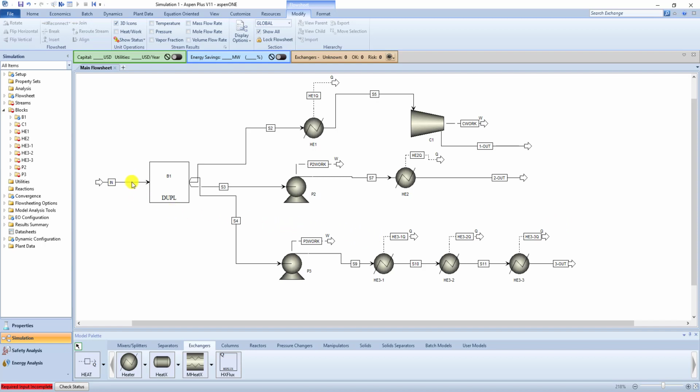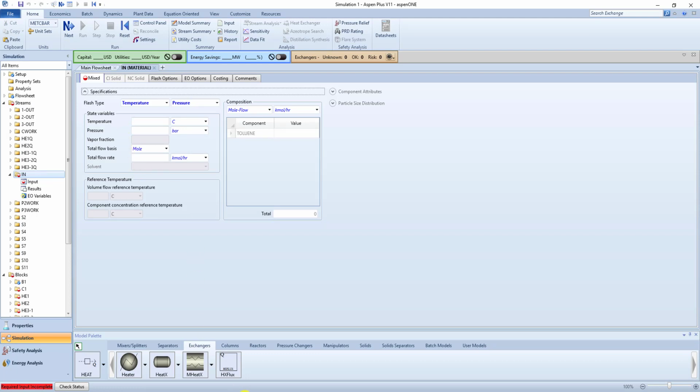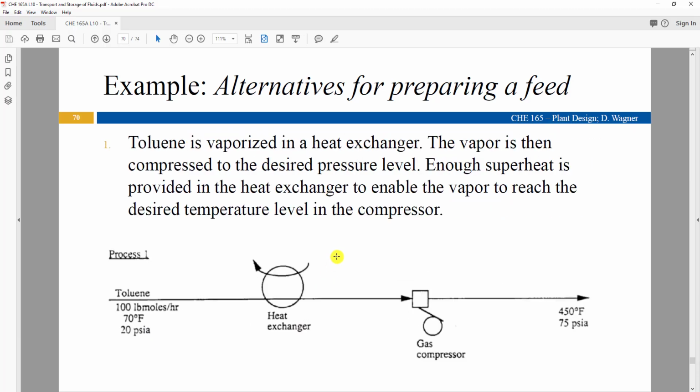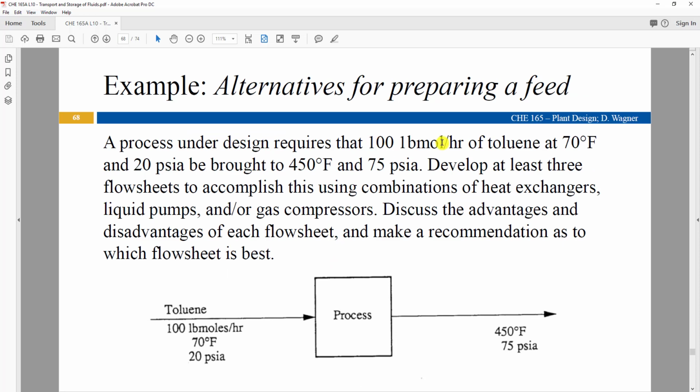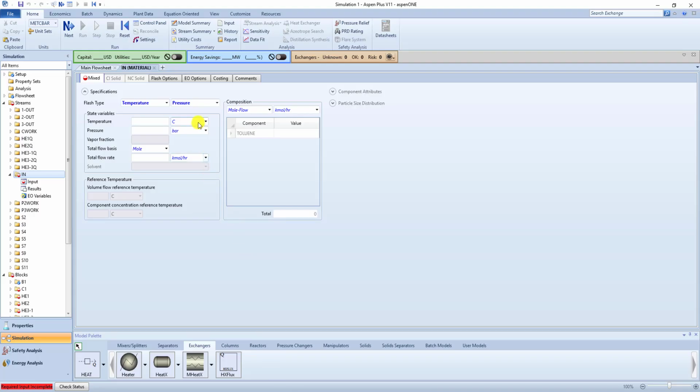So now we can add in all of our streams. So again, our specification is that we have 100 pound-moles per hour, 70 F, 20 psia. I'm going to select English, so everything is already in the proper units.